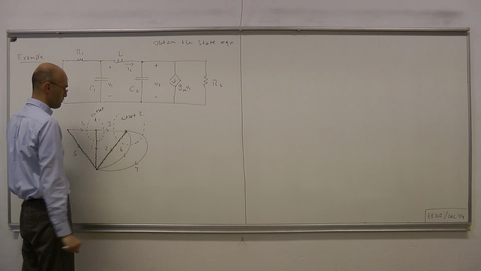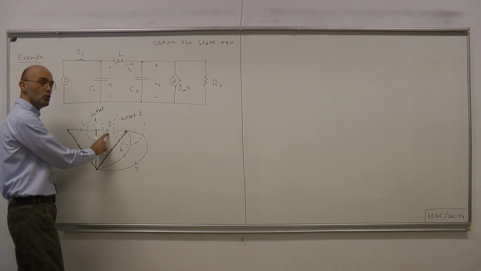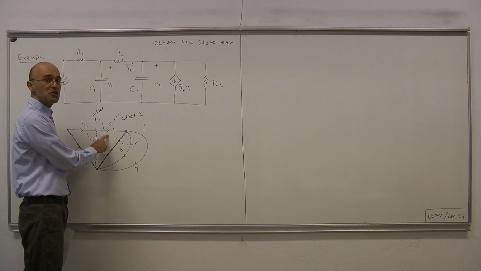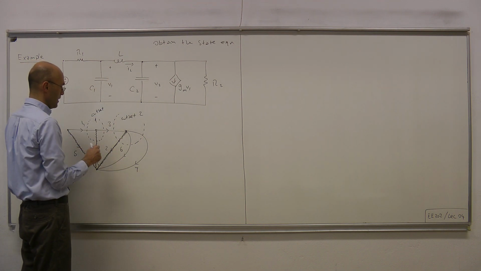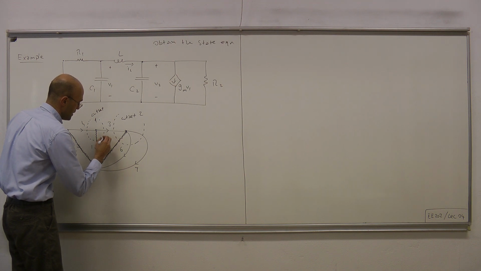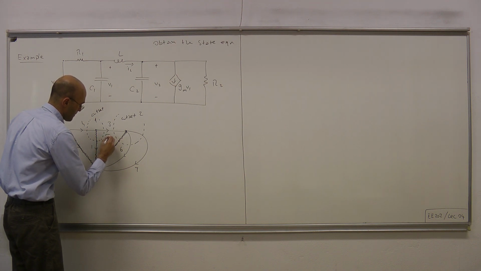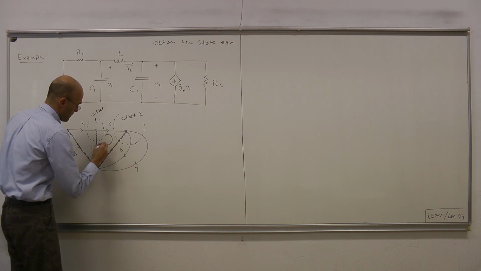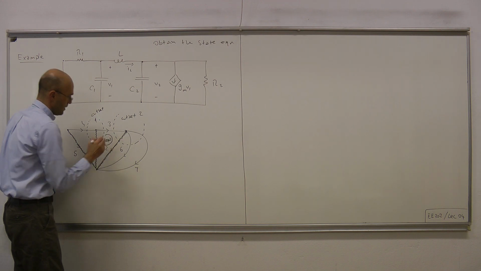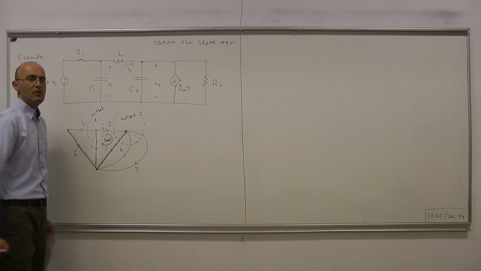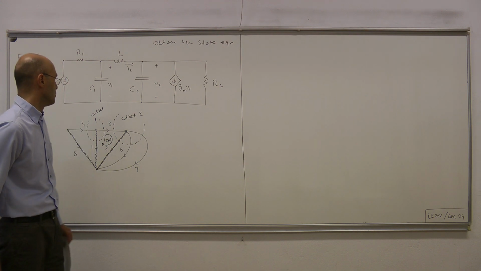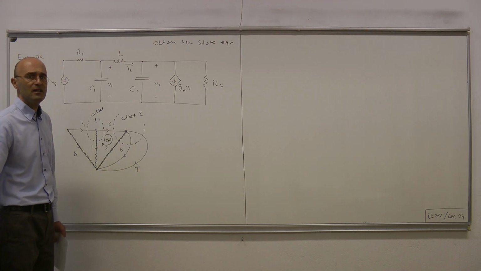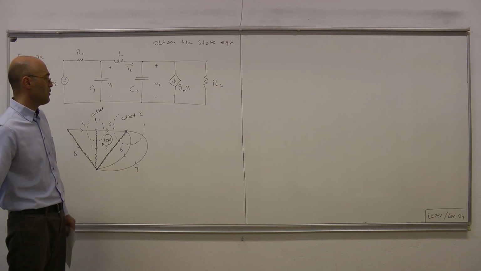Therefore, let's figure out the fundamental loop defined by this cotree branch number 3, and it's clearly this here: 3, 2, and 1. That's our fundamental loop defined by the cotree branch number 3.